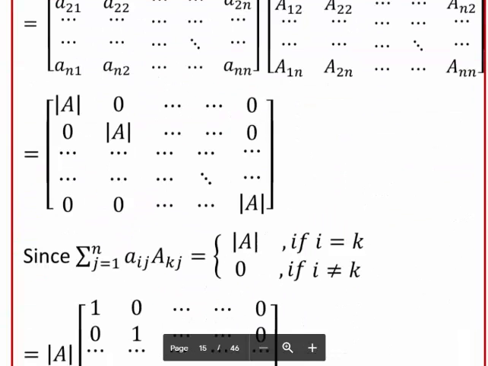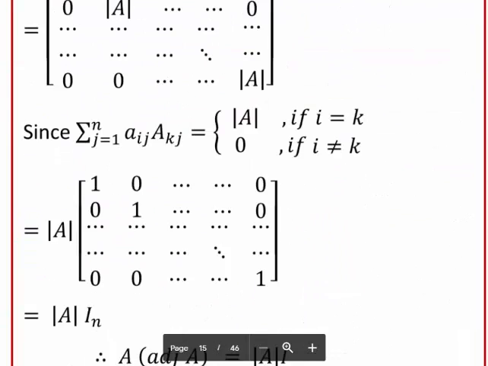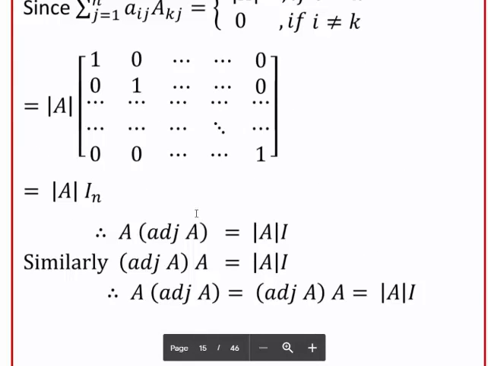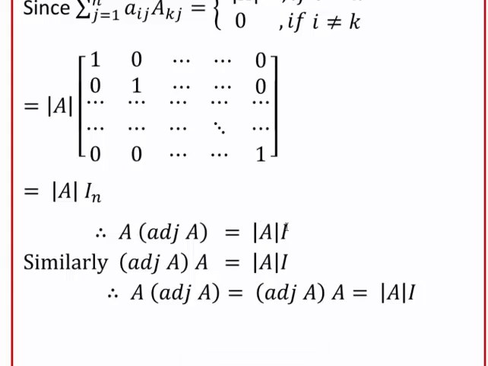So the product of A into adjoint of A looks like a matrix containing determinant of A or 0. Here we remove the common determinant of A, and this is nothing but the identity matrix of order n. So in this way we prove A into adjoint of A equals determinant of A into I.